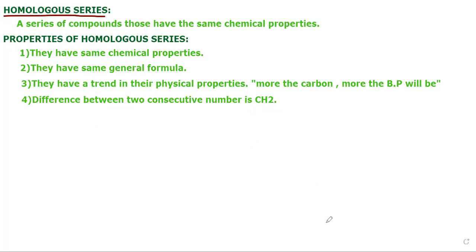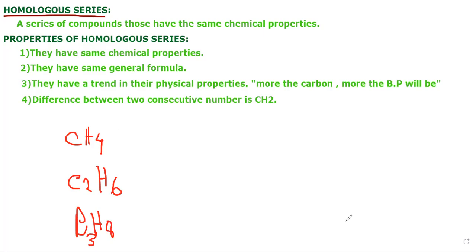For example, if we take one of the alkanes, that is CH4, let's take methane, and ethane, C2H6. Let's take one more, propane, C3H8.